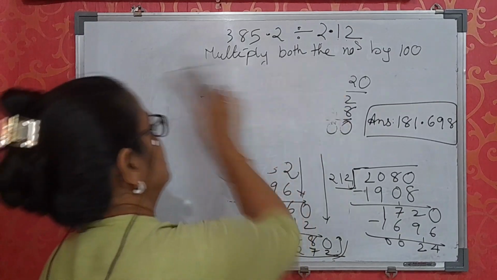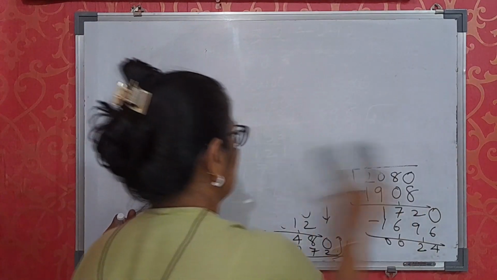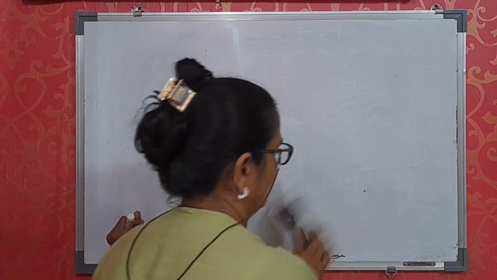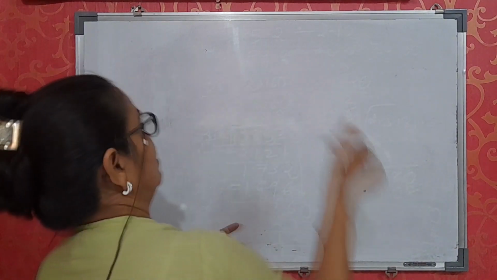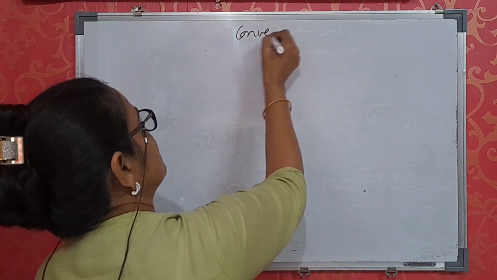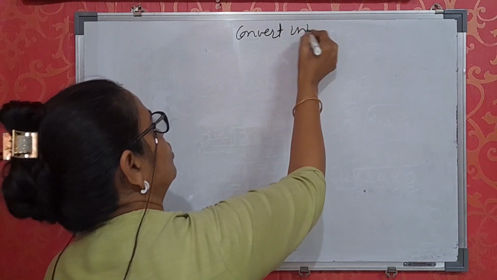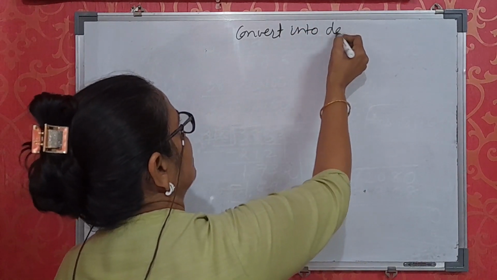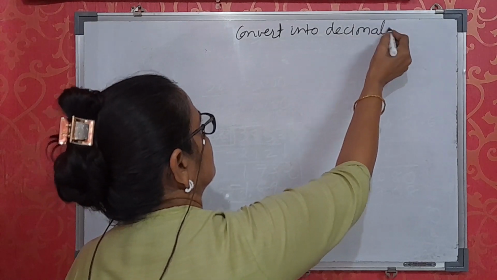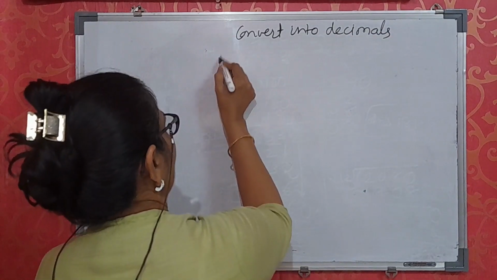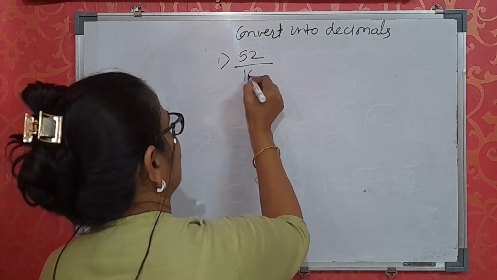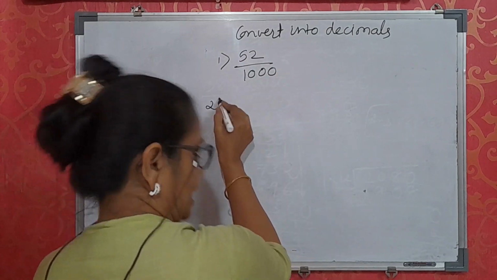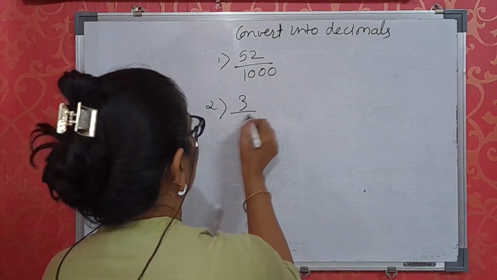The last part of this sum is that you have to convert this into a decimal. This conversion is different, as I have shown you in my earlier live video. Convert into decimals. The first sum I am just giving you as a reminder. The second is 3 upon 4.